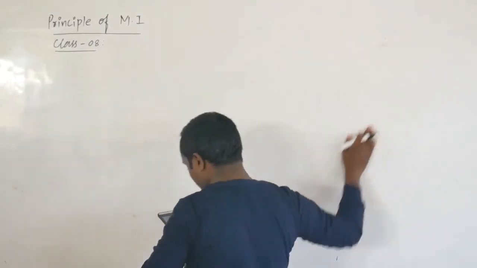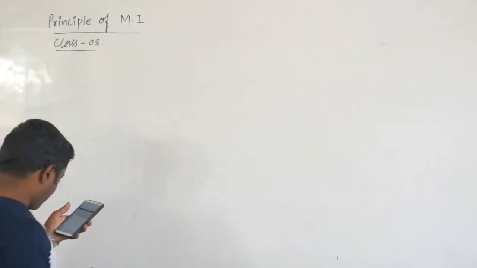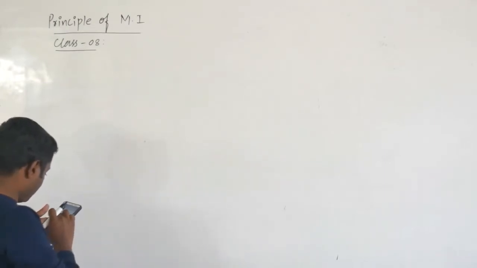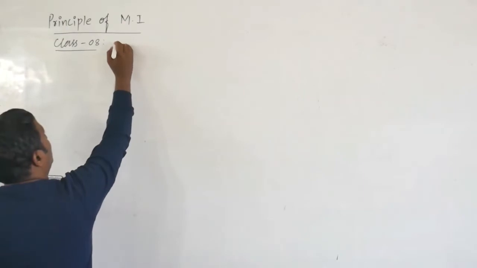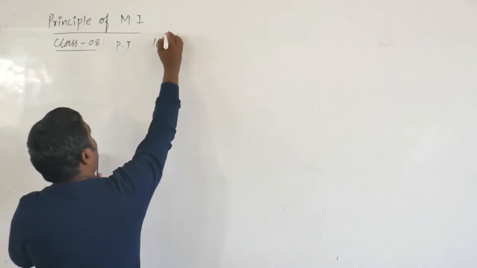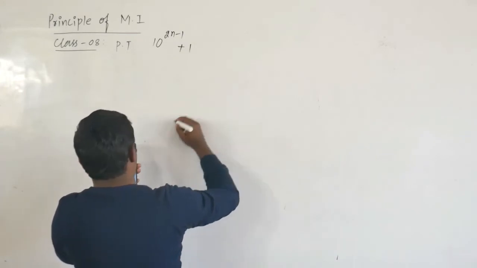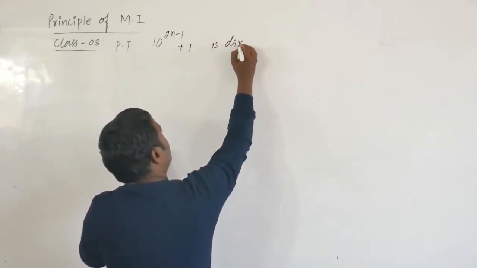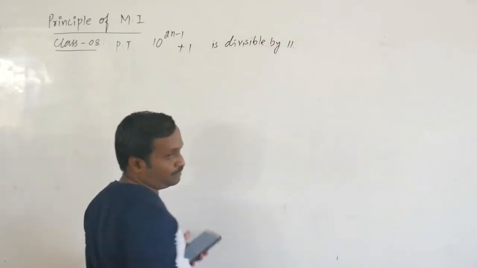Look at this. Prove that 10 raised to 2n minus 1 plus 1 is divisible by 11.